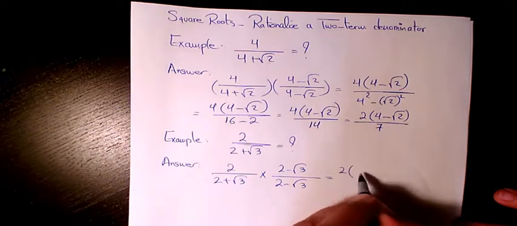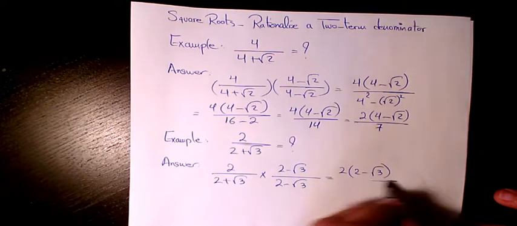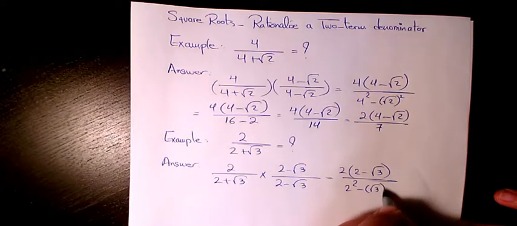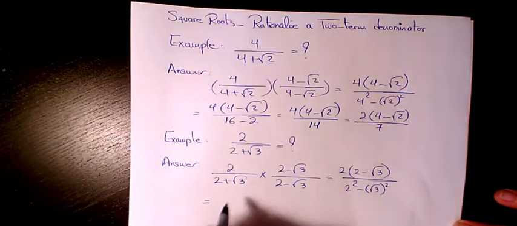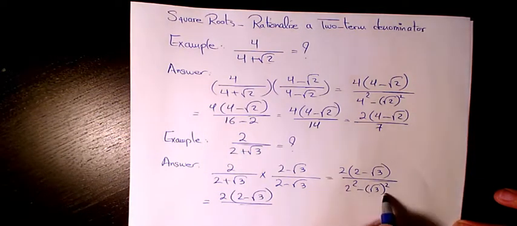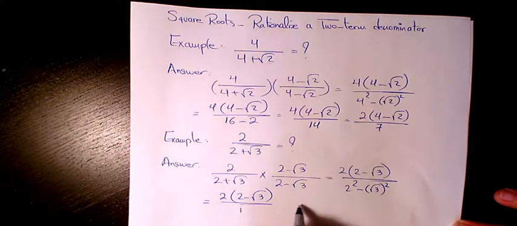That will be 2 times 2 minus root 3 divided by 2 squared minus root 3 squared. Then it will make it 2 times 2 minus root 3 divided by 4 minus 3, which is 1. So that's going to be just 2 times 2 minus root 3.